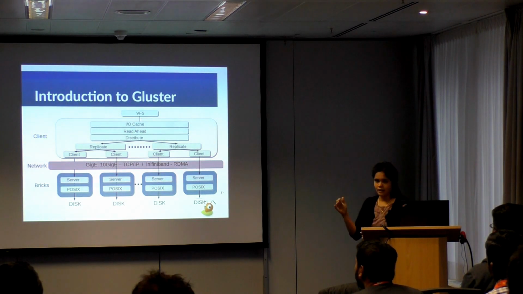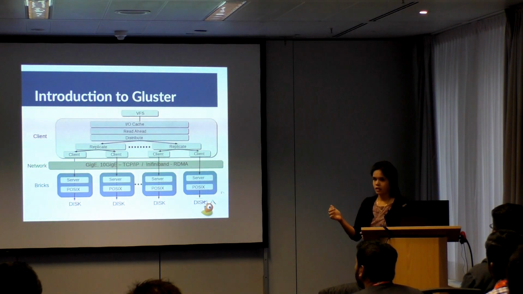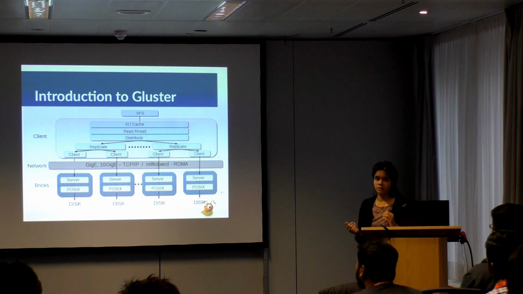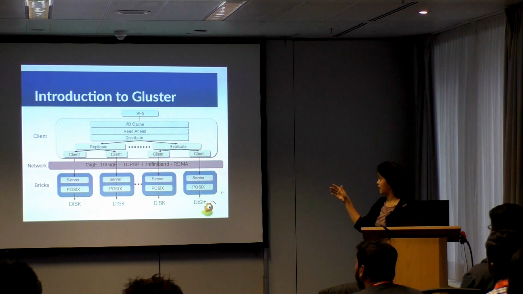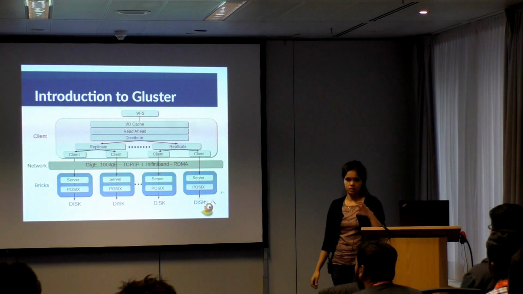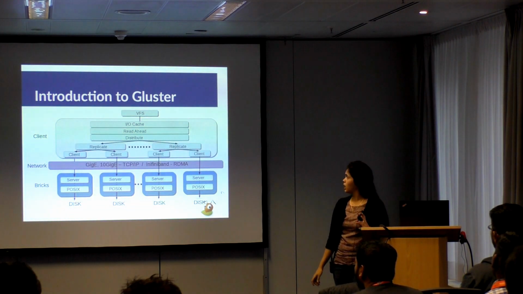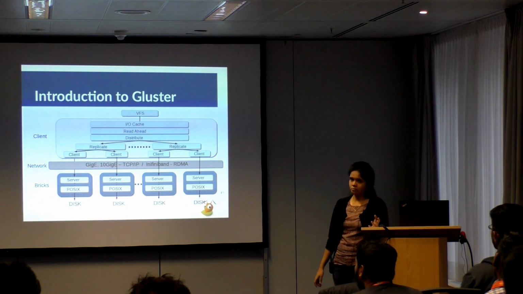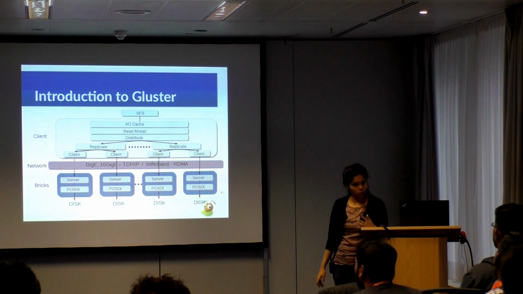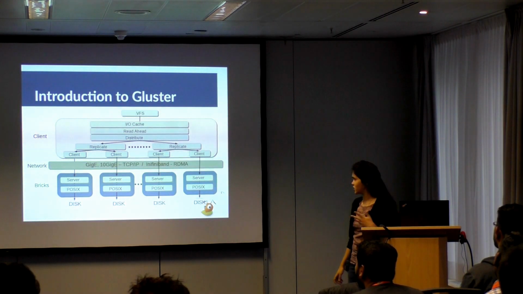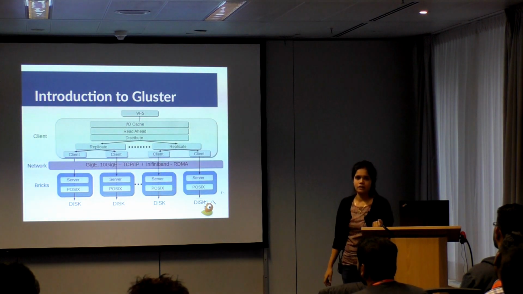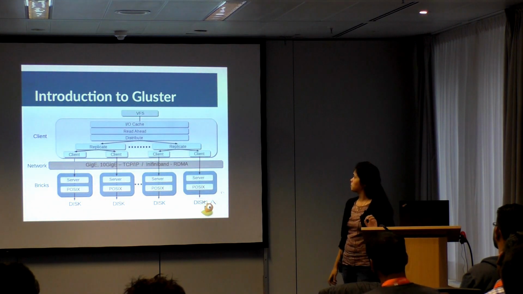We need the synchronization mechanism at the client, like DHT, AFR, they need to have their own transaction mechanism, synchronization mechanism on the client side. So a create FOP is not just a create FOP that goes to the server. It multiplies by 3 or 4 or even more FOPs at times and then reaches the server. So this is where the latency is added.